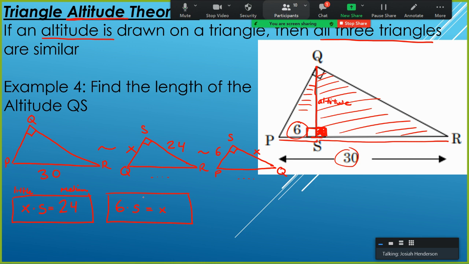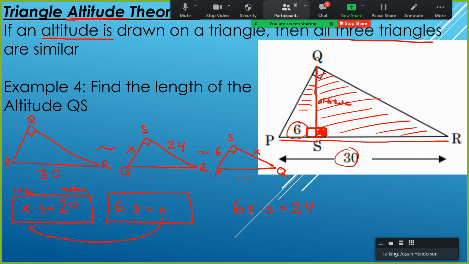So since the right formula is already solved for x is equal to 6s, that means I can replace x on the left side with 6s. So I'm going to plug in 6s over there. So let's see what we get. 6s times s equals 24. I've just combined those two different equations together.